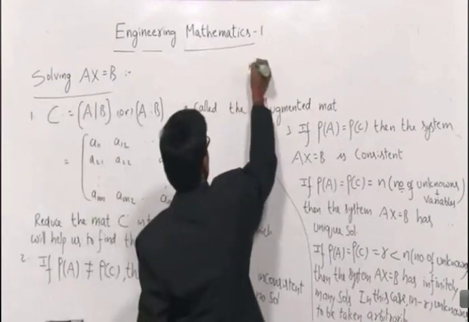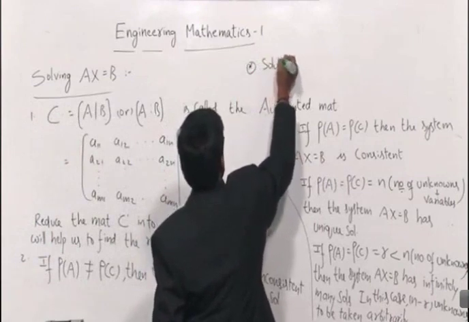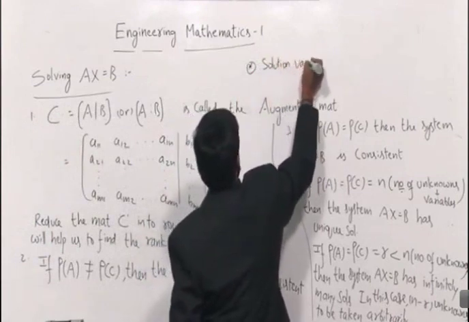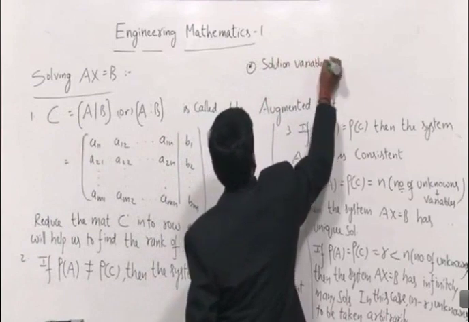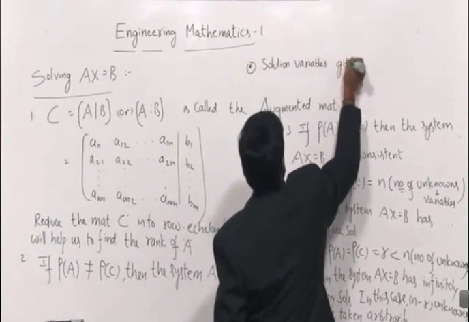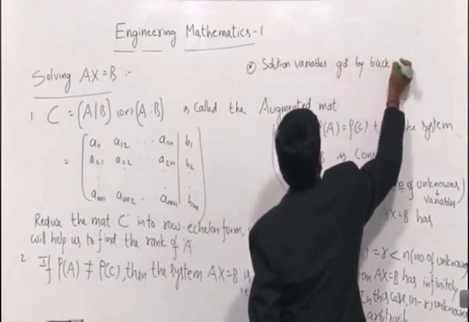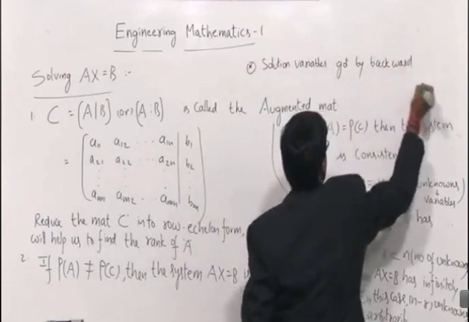And here you write, for the solution variables, that is the unknowns, marked by a star symbol, they are obtained by backward substitution.